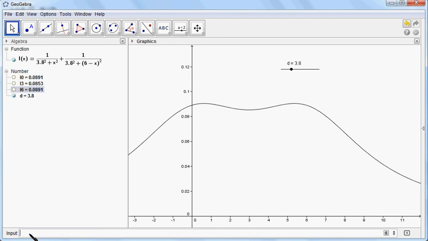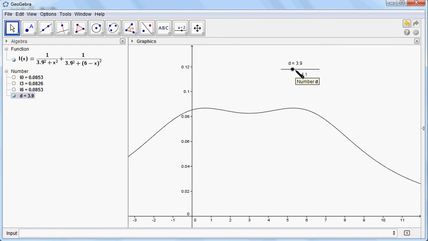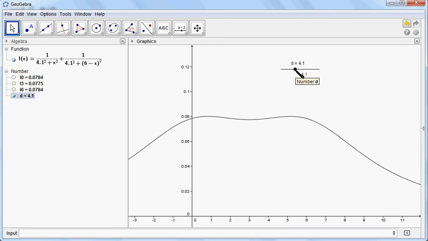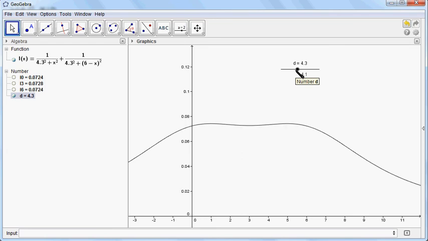All right, so you can see now that I of 3 is going to give you the smallest value. But if I increase the d value, now I3 is still the smallest, still the smallest, still the smallest.